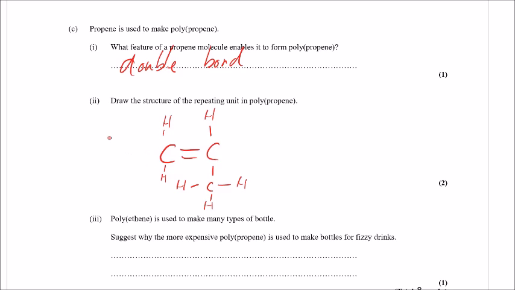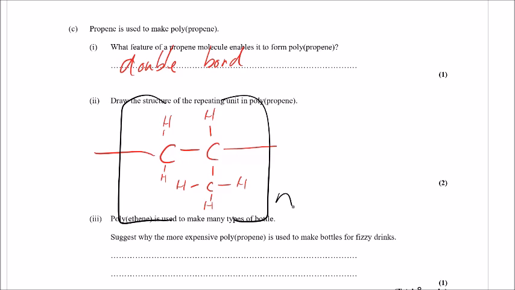Oops, I've added an extra one there. Now imagine this double bond breaks and a bond forms out that way, a bond forms out that way. We can then add the brackets and add the n. So draw this CH3 off as a side chain. To make the diagram much nicer, you could even draw it as CH3 if you wanted to.